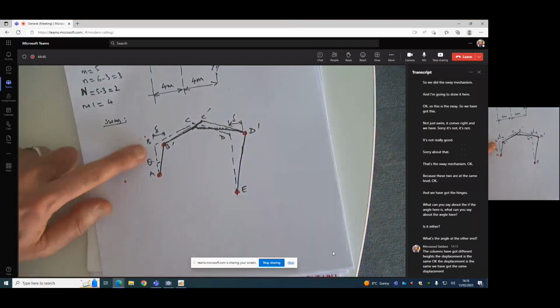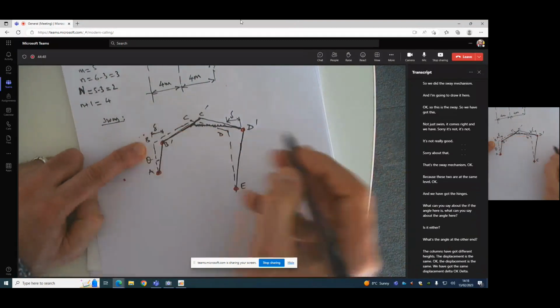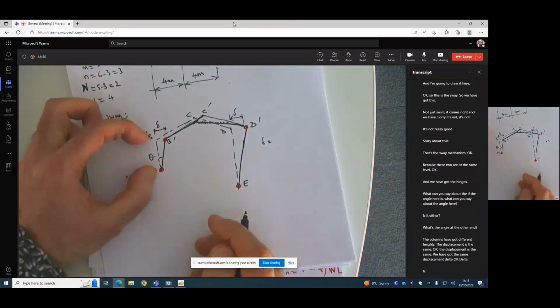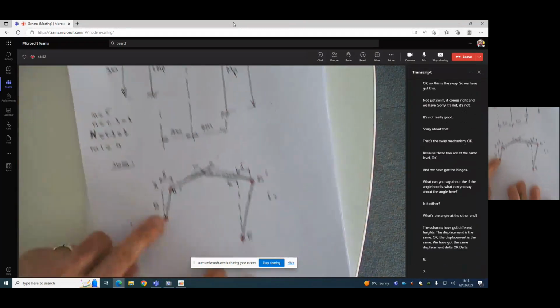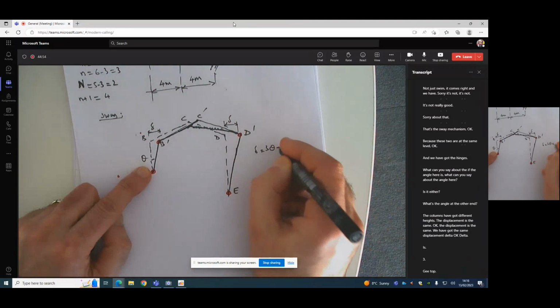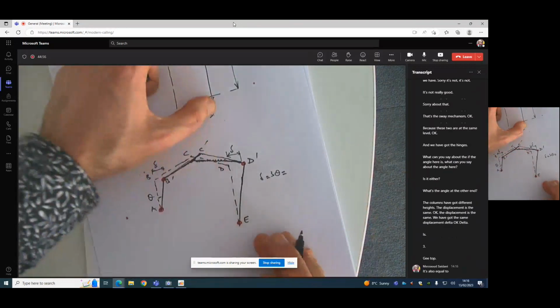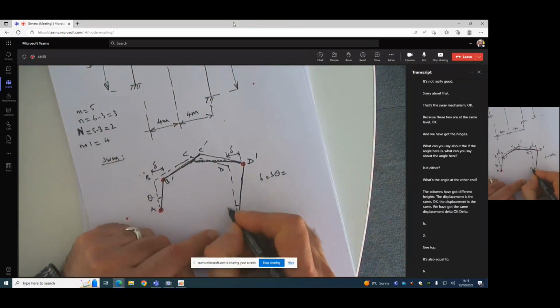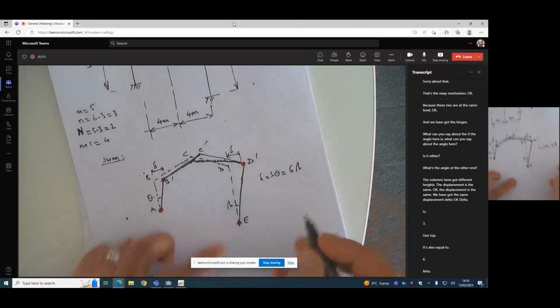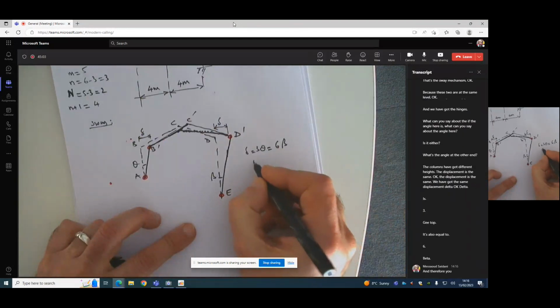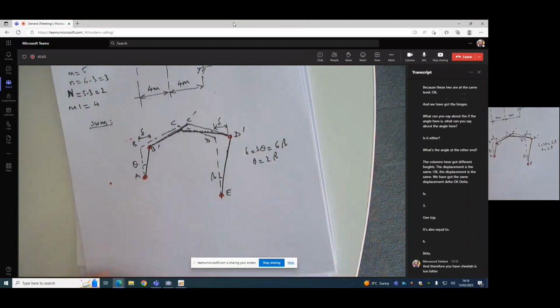Delta is 3 theta. It's also equal to 6 beta. And therefore, you have theta is 2 beta, or beta is half theta.